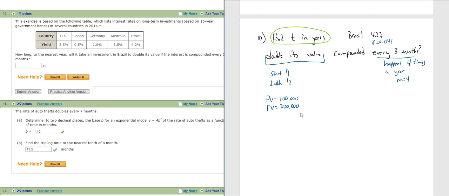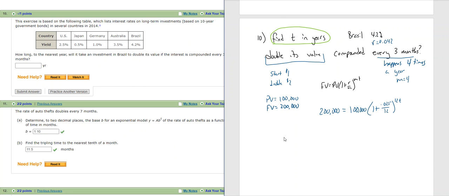Check this out. So as we use our formula, the same formula as before, our compound interest formula, we have 200,000 equals 100,000 times 1 plus 0.025 divided by 12 to the 12t.